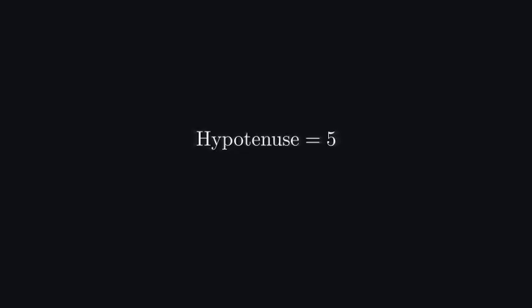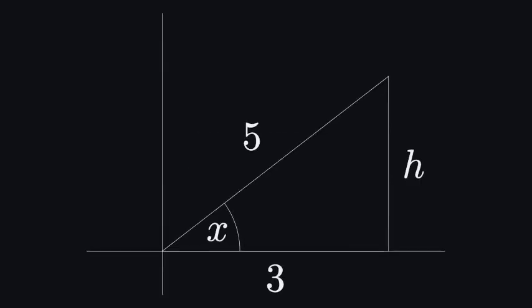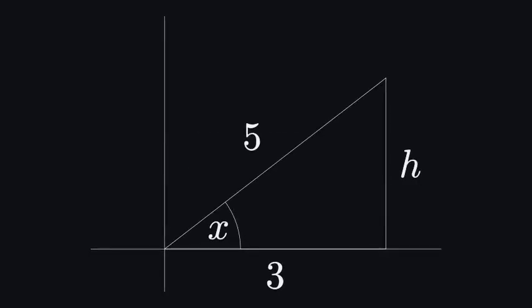Hypotenuse equals 5. Zero degrees less than x less than 90 degrees. Study the diagram carefully. This prepares us for the next step.